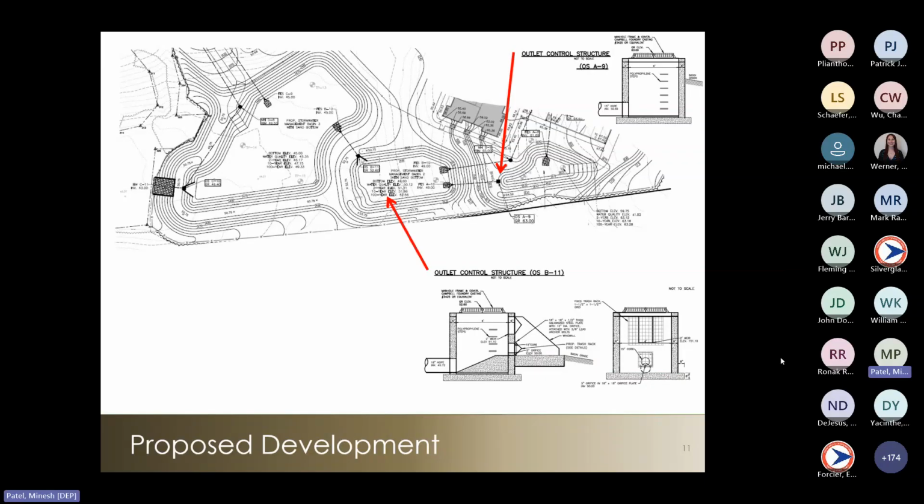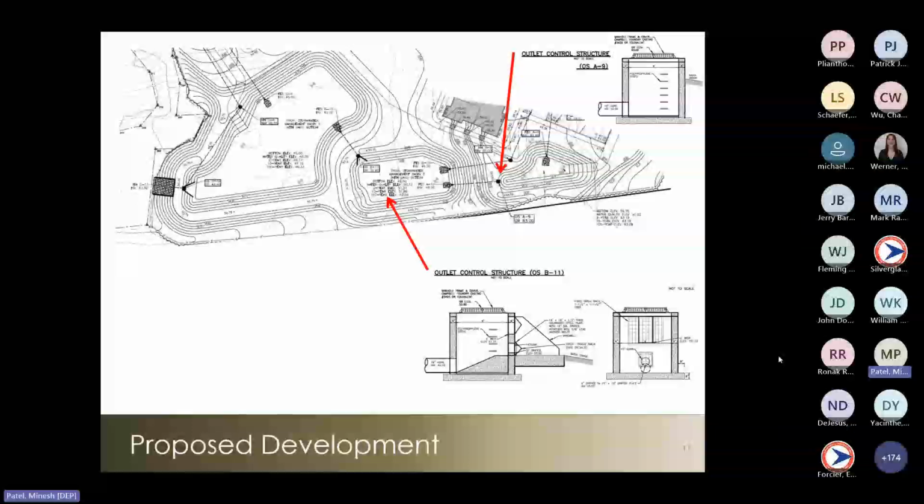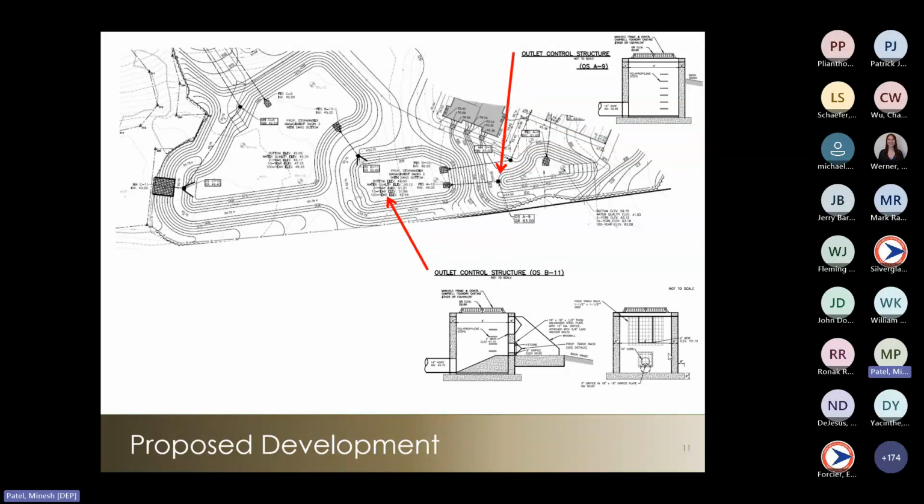And if you look at the detail, the lowest orifice has an invert of 50, which is below the water surface elevation of the water quality design storm that's contributory to Basin 2. So Basin 2 wouldn't meet the design criteria for infiltration basins according to the BMP manual.